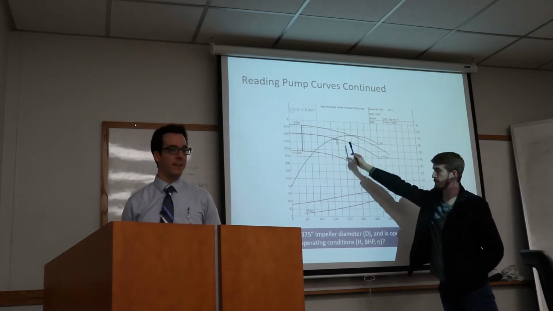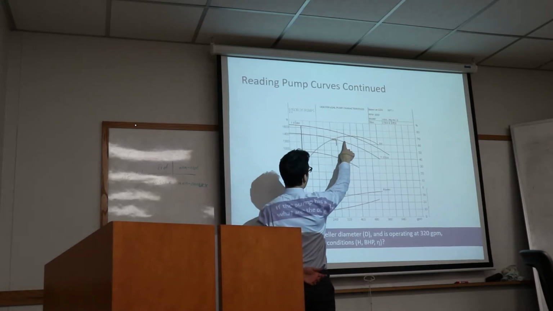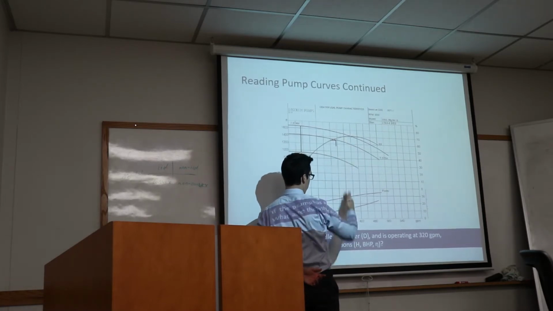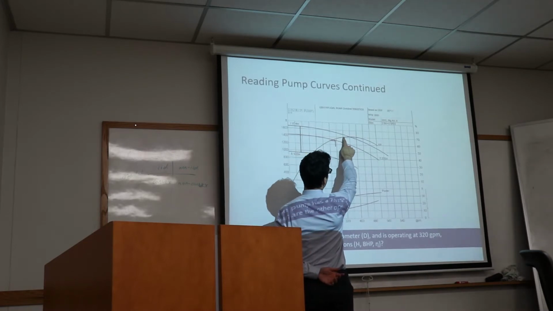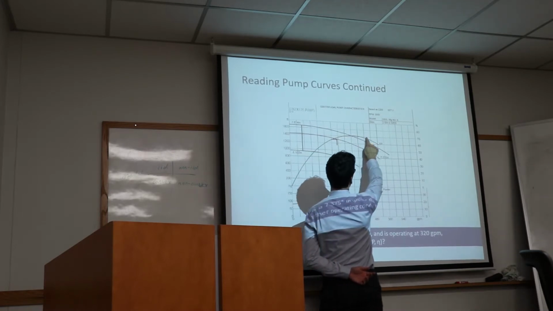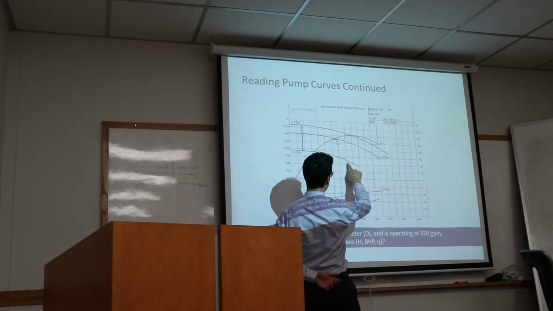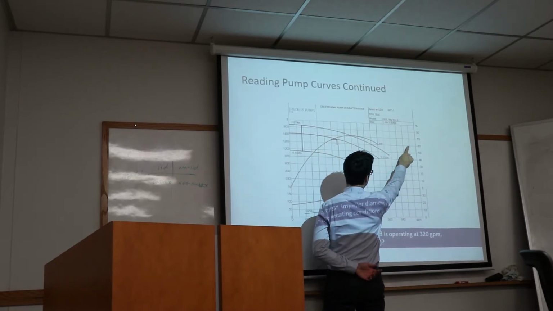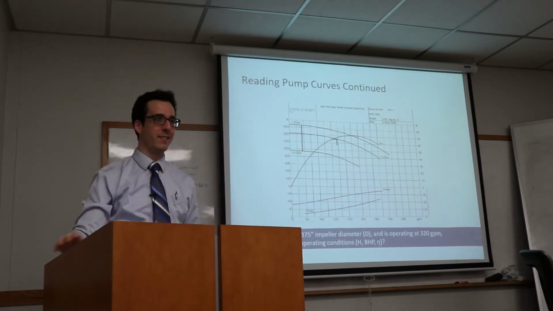So when in doubt, you read up. Yeah, so here was our point, and then this is the efficiency that corresponds to that flow rate. Okay? So what is this efficiency on the side? So, yeah, and then we read over here to 70, instead of reading from our point here, which would have been 60-something. So that's where it can be a little bit confusing, some nuances of the pump curve.